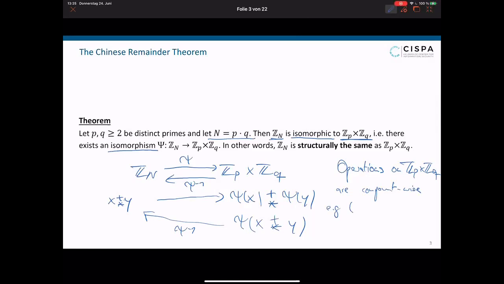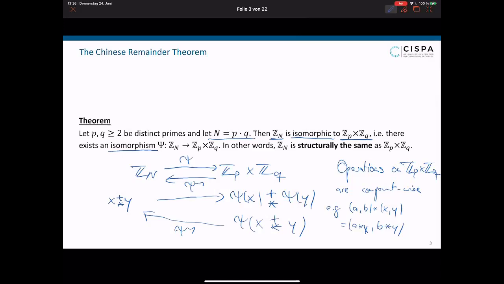E.g., let's say a comma b times x comma y is just a times x comma b times y. That's how we compute in such a direct product, and that's super nice, right?